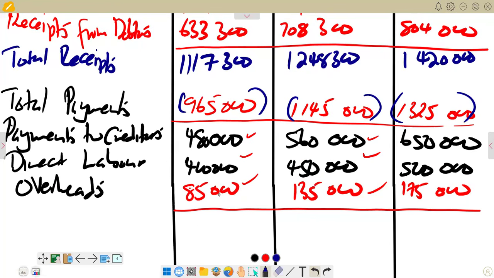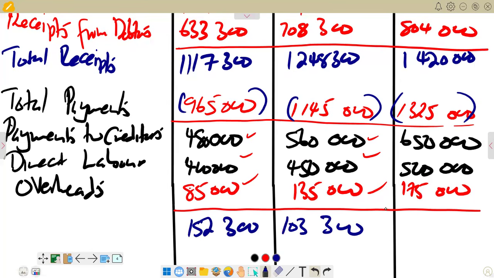Then you subtract 965,000. We are seeing that the receipts are greater than the payments, so obviously we are going to get a surplus of 152,300. And then if you say 1,248,300 minus 1,145,000, the answer that you are going to get there is 103,300.